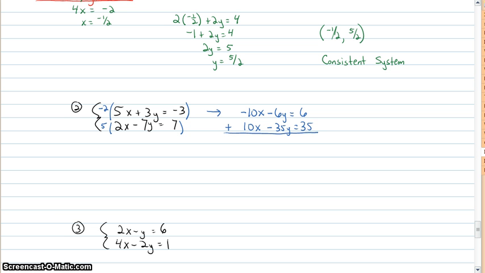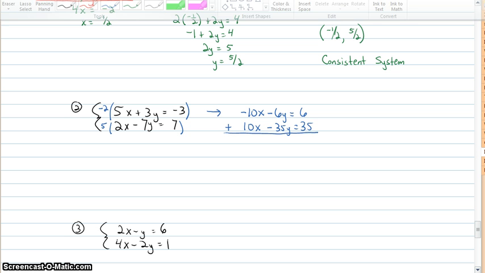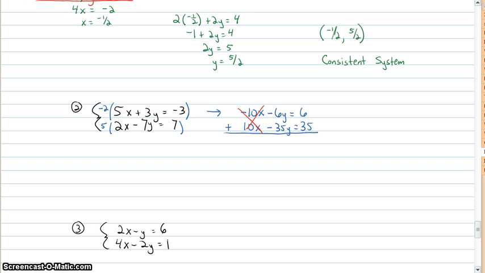Add these two together. Again, my x's are the variable that drops out this time, and I'm left with a negative 41y equals 41. Divide both sides by negative 41 and you get y equals negative 1.